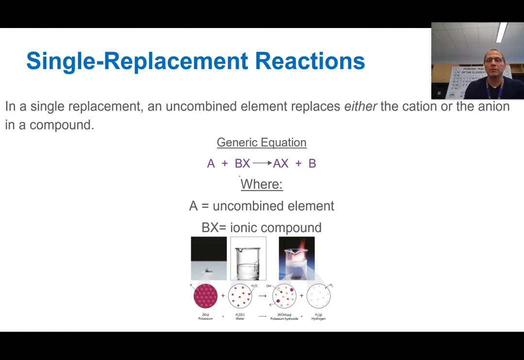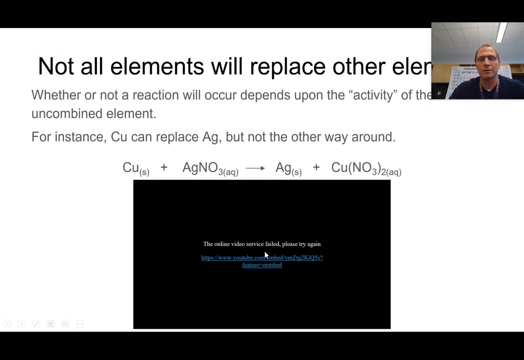So A and B switch. A is the uncombined element on the reactant side. BX is the ionic compound. Remember, you're going to need your ionic charges chart or sheet. And if A is more reactive than B, it's going to replace it in the solution. So we're going to look at what that means, and I'm going to show you an example of one.